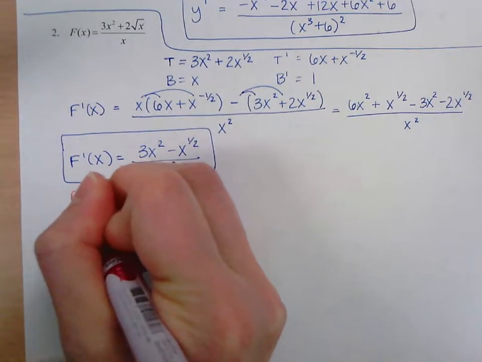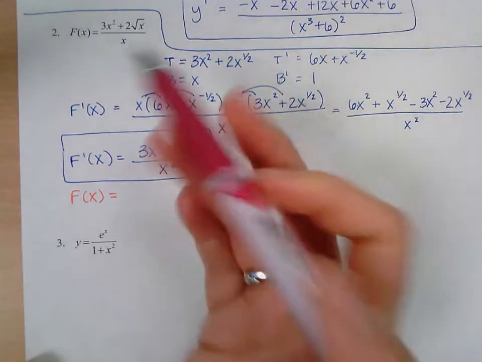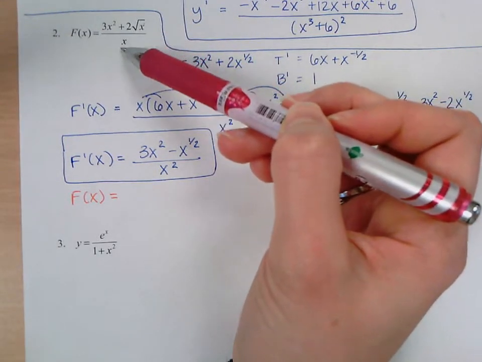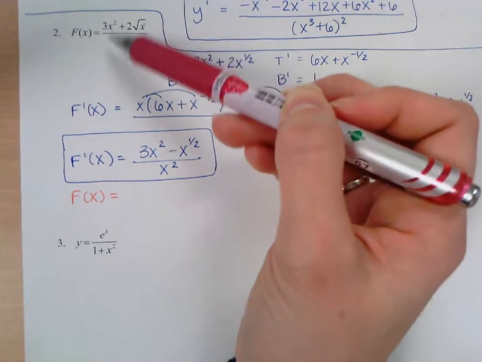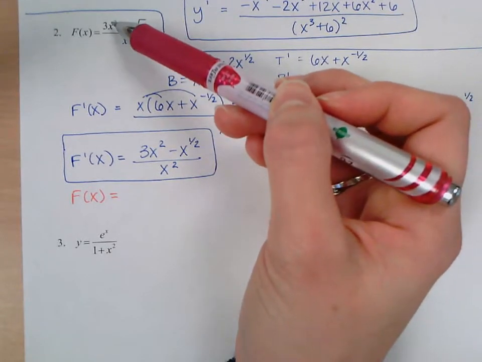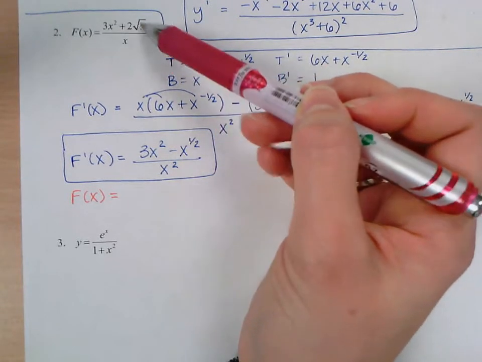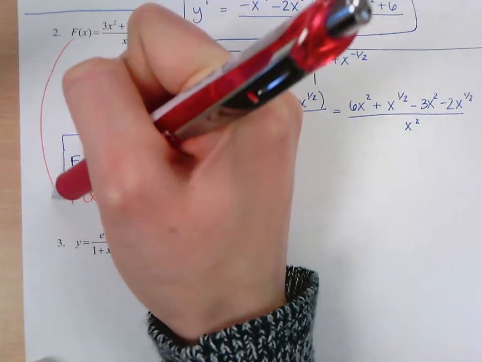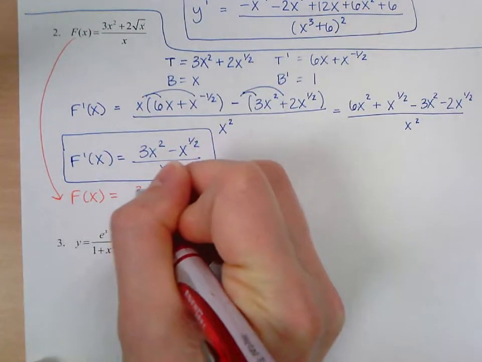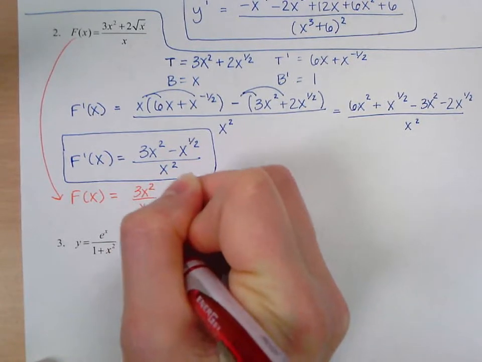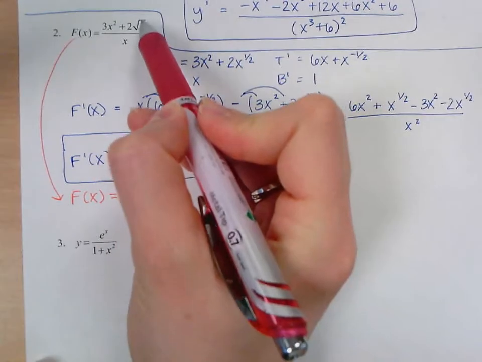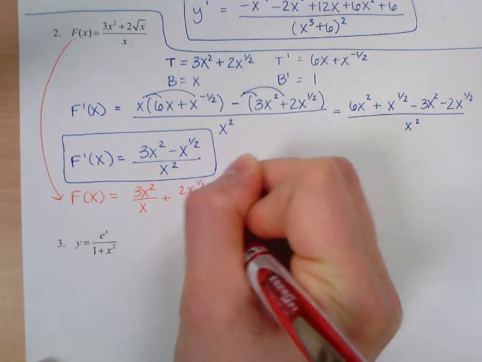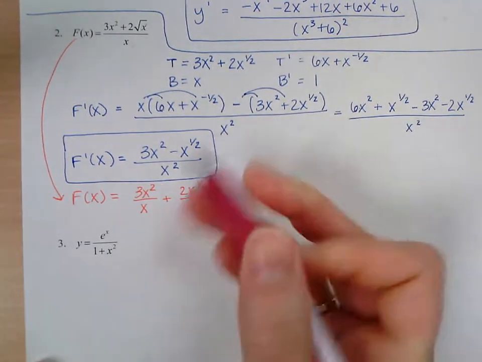So f of x, because my denominator is 1, it's a monomial, it's one term. What I can do is I can just divide both terms in the numerator by x. So I can rewrite this as 3x squared over x, and then plus, again, I'm going to write the square root of x as x to the 1/2, so 2x to the 1/2 over x, and then simplify.